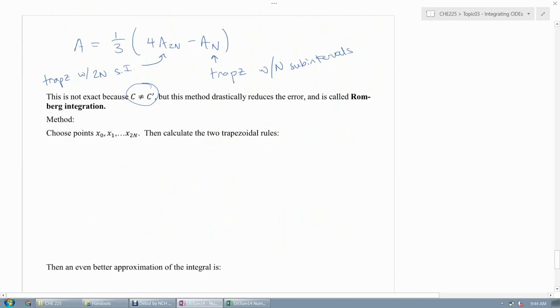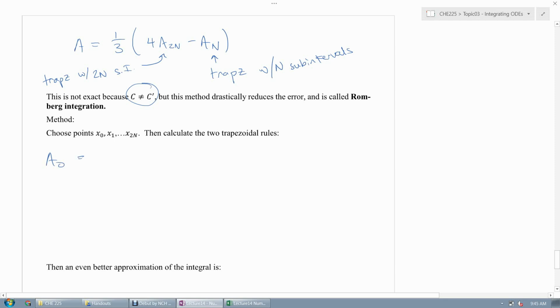So in other words, what we want to do for Romberg integration is, we have 2n plus 1 points. In other words, we have an odd number of points, or an even number of subintervals. Then we're going to calculate two trapezoidal rules.